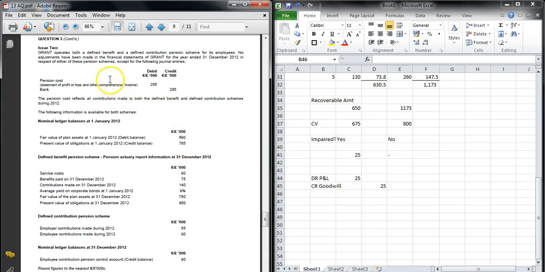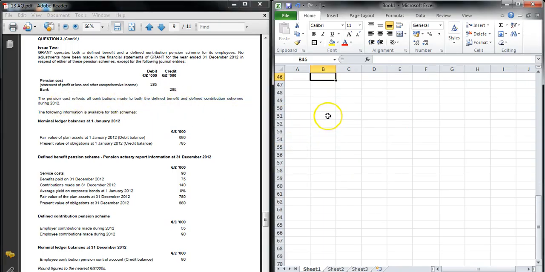So we're told in the question, in respect of both pension schemes, Grant only made the following journal entry. They debited pension cost in the P&L, 285, and they credited bank. And the pension cost reflects all the contributions made during 2012. So again, it's useful just to get the lay of the land in terms of what is made up in that 285. So we're told it's made up of all contributions.